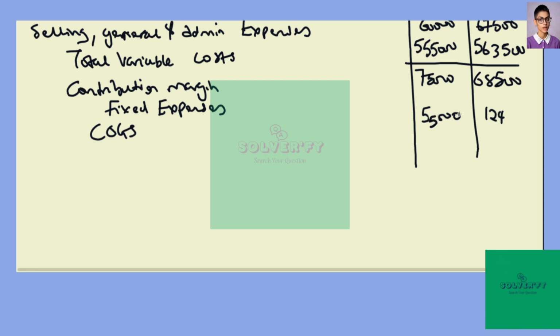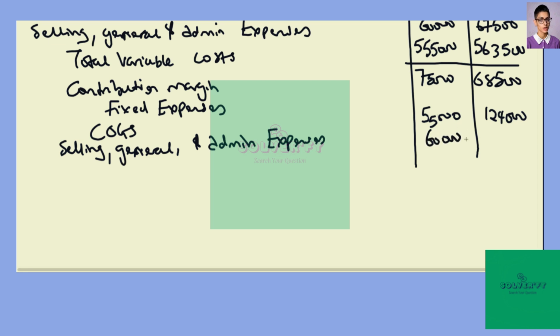Now the selling, general and administrative expenses would be 60,000 and 67,500. Now the total fixed expenses would be 105,000 and 191,500.